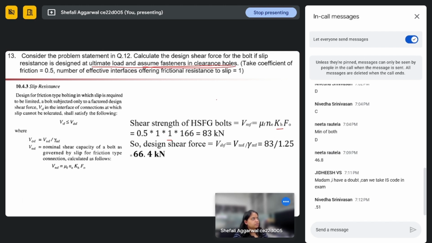So for this term we are taking KH as 1. We will just divide it by 0.5 and we are getting 83. For the design force, we will divide it by the partial safety factor of 1.25, and our final design shear force will be 66.4 kilonewton.